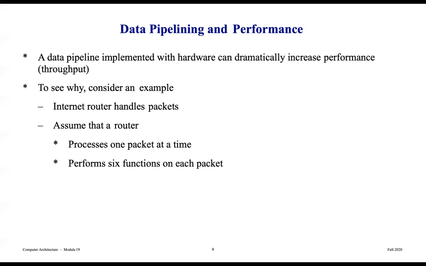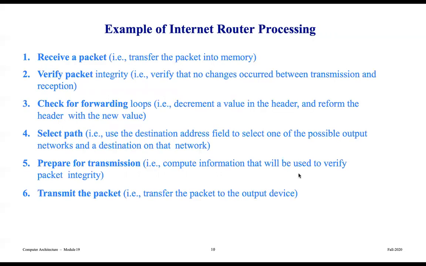So what does performance look like with data pipelining? A data pipeline implemented with hardware can dramatically increase performance, the throughput. To see why, let's consider an example. Think about an internet router handling packets, and we can assume that it processes one packet at a time and performs 6 functions on each packet.